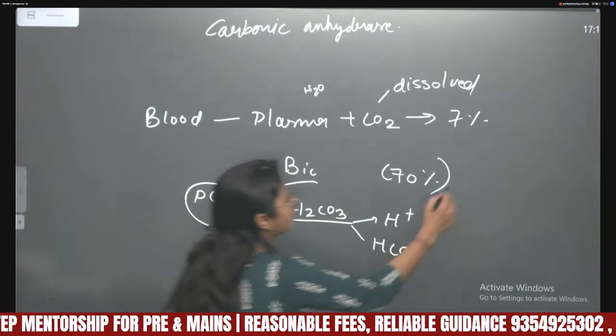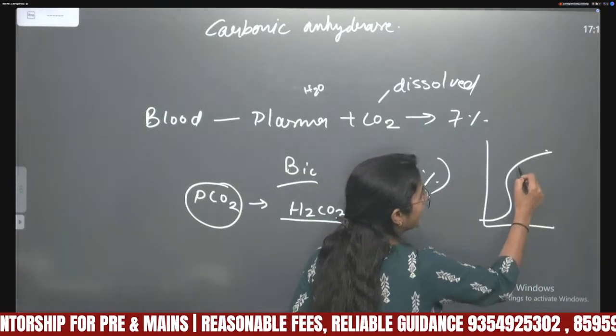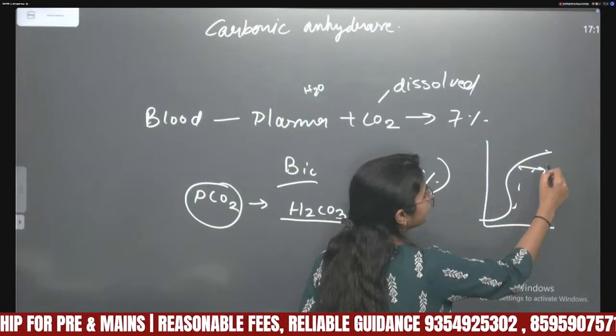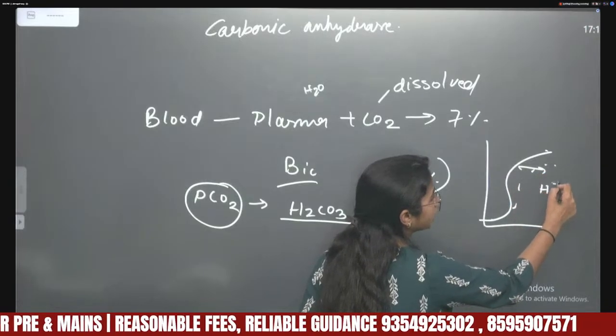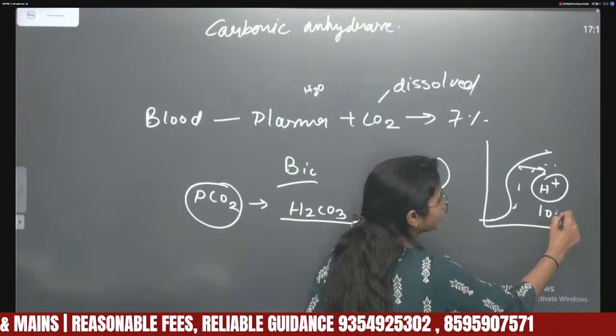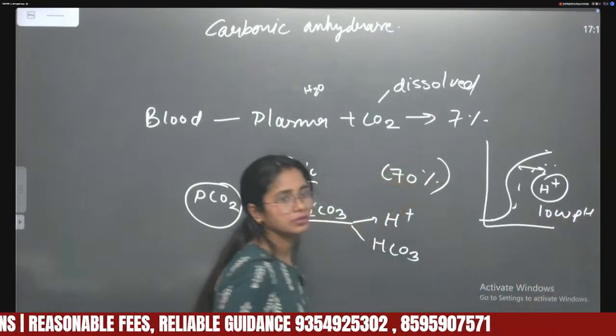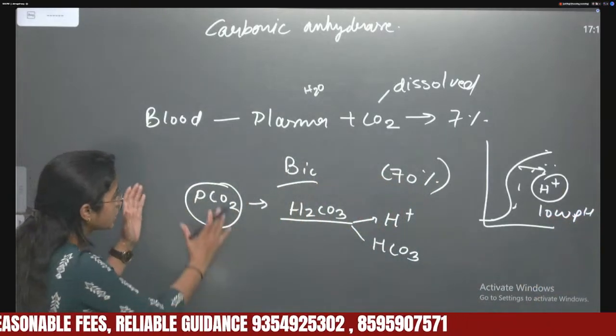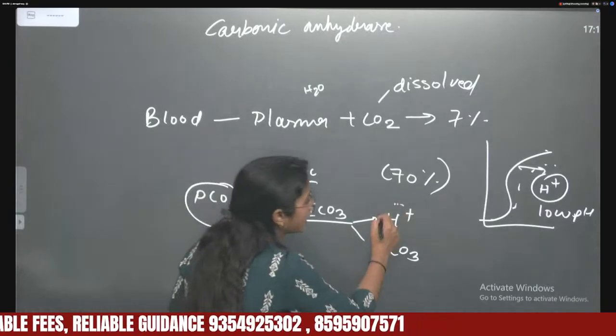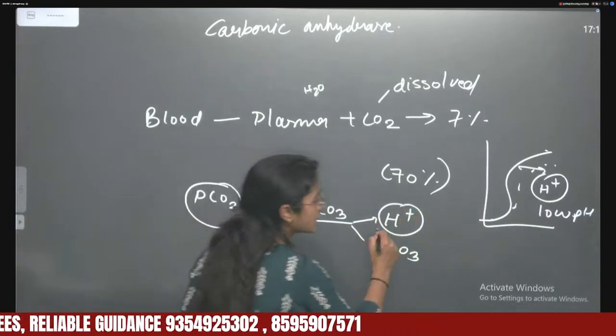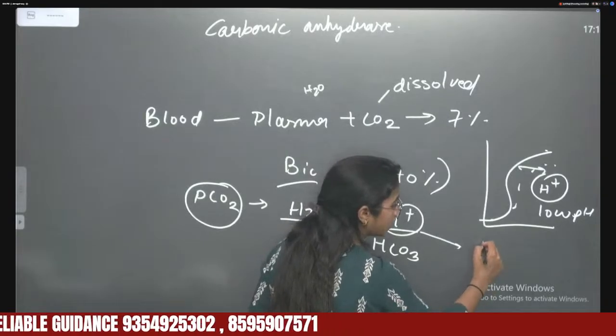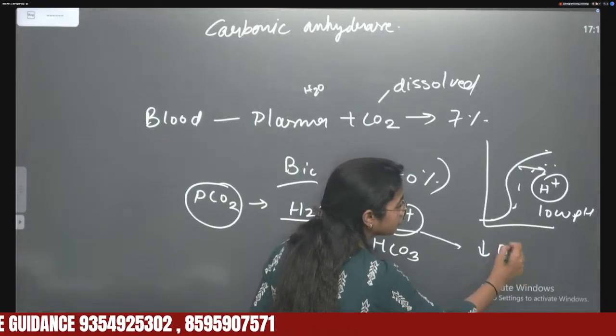When we were talking about the shifting of the curve, in what condition was the curve shifting to the right? In a higher H plus concentration or the lower? So excess of PCO2 produces excess of H plus, and this H plus inhibits the binding of oxygen with the hemoglobin.